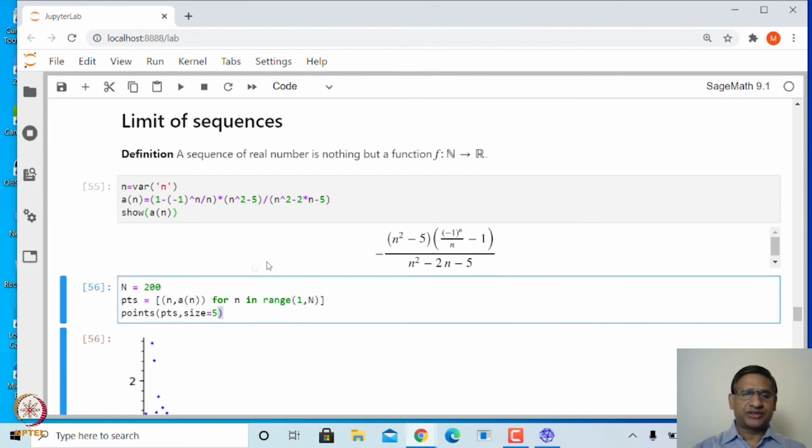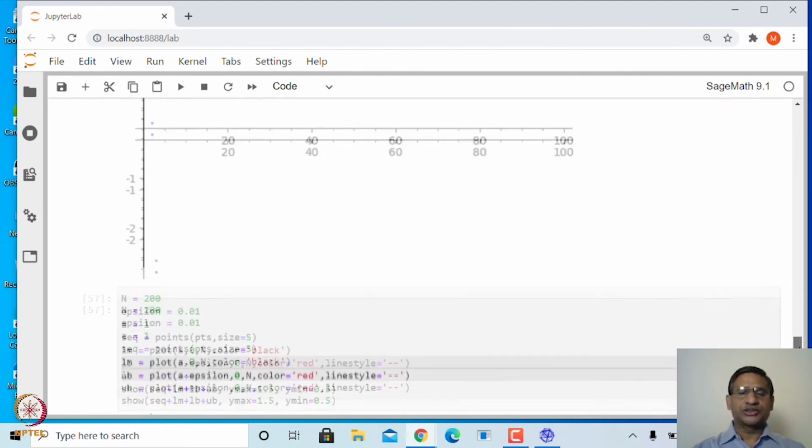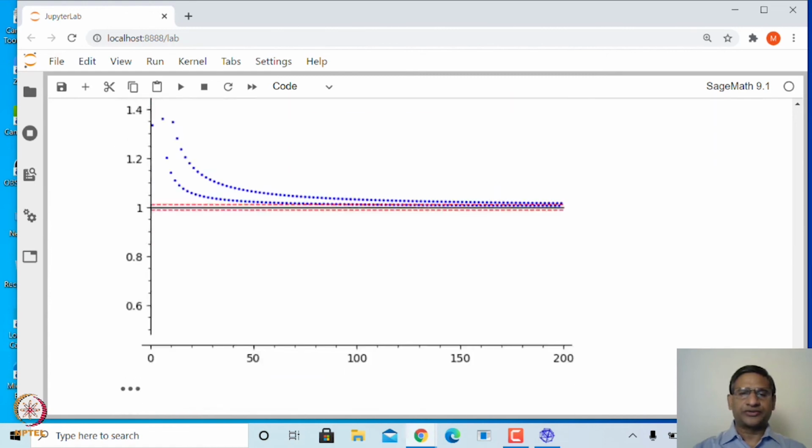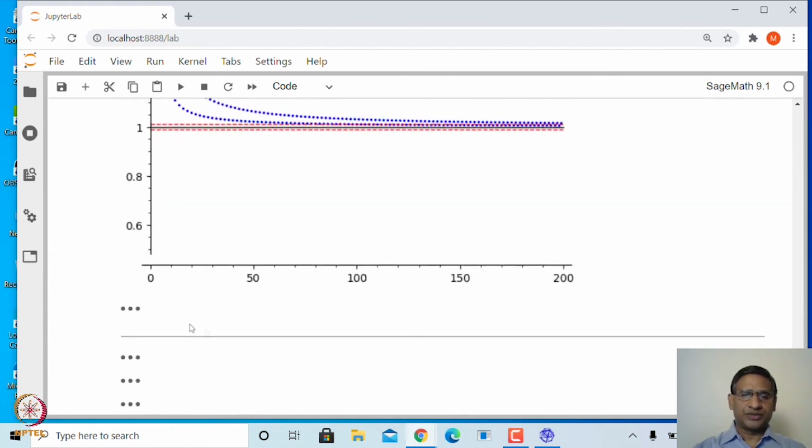Okay, so you can play with this n, and in fact this leads to a definition of limit of a sequence. And what is the definition?